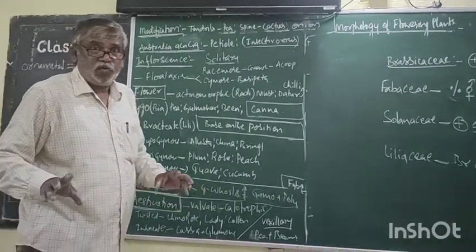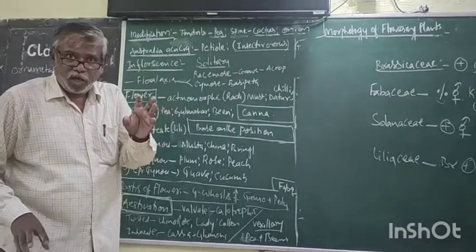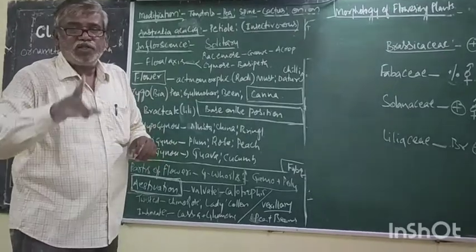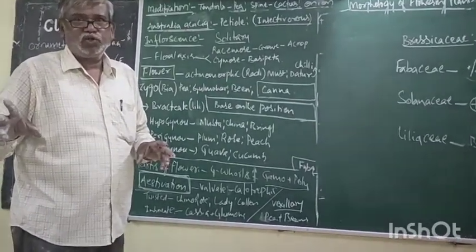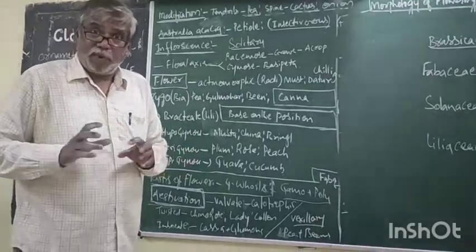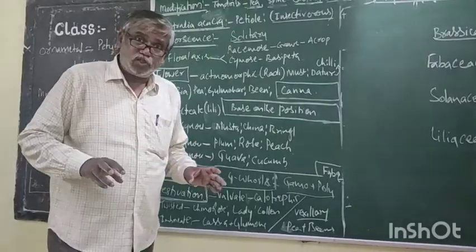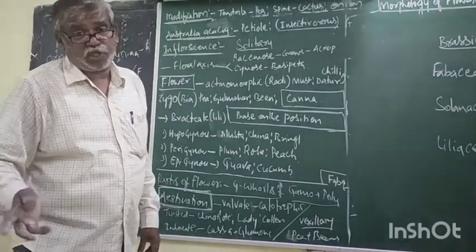Right. If you take any one flower, what is the type of estivation in the petals? The same estivation is also seen in the sepals. This is common, but it is an exception in Fabaceae. Sepals show one type of estivation, petals show one type of estivation.